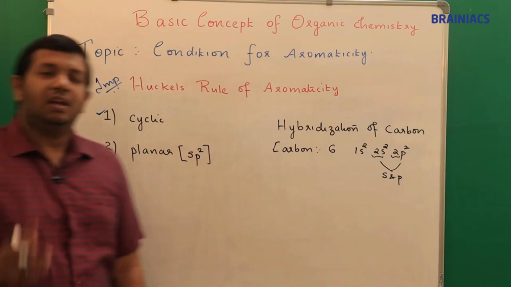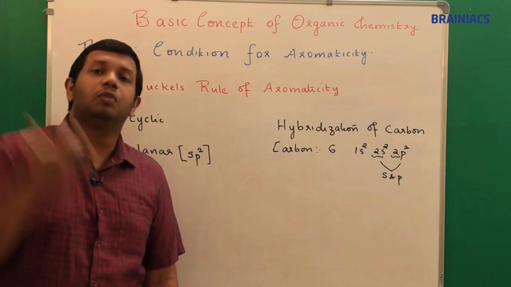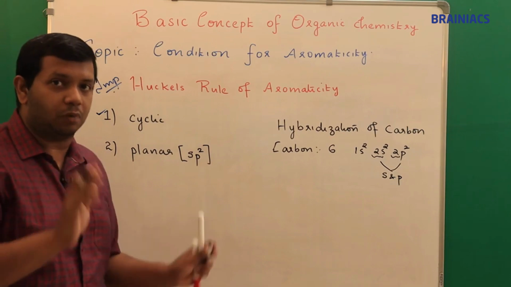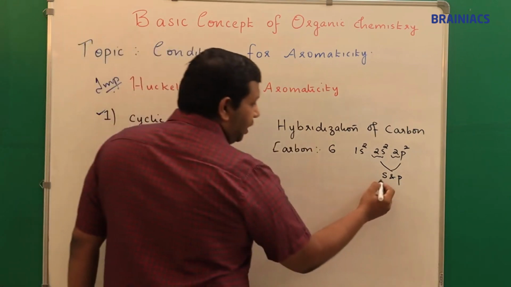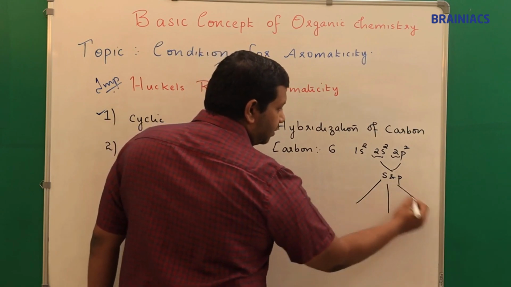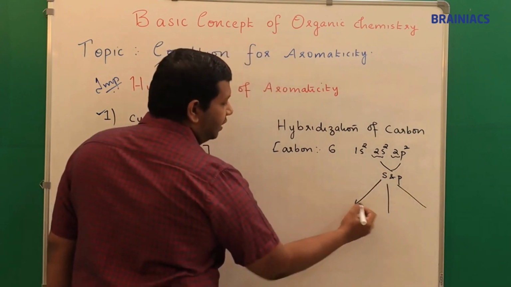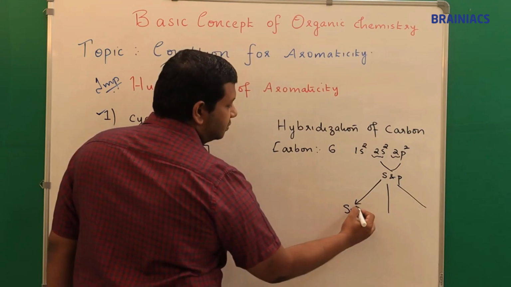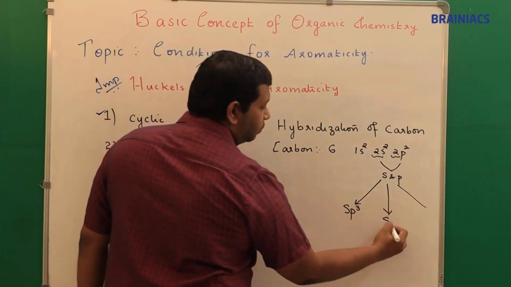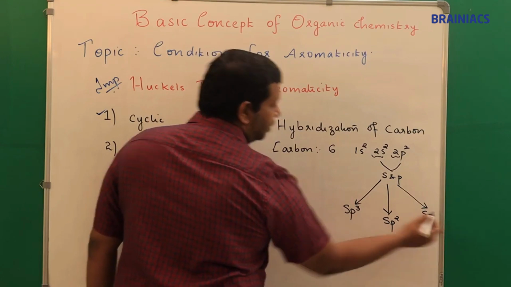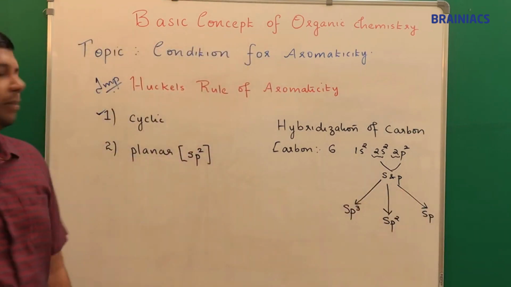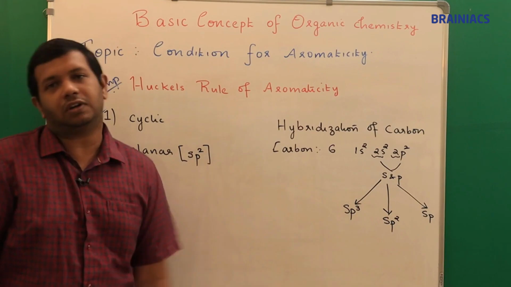With s and p, what are the possible hybridizations? There is no d orbital, so with s and p there are three possible hybridizations: sp3, sp2, or sp. These are the three possible hybridizations for carbon.